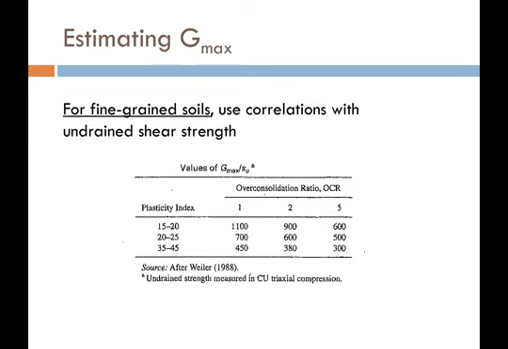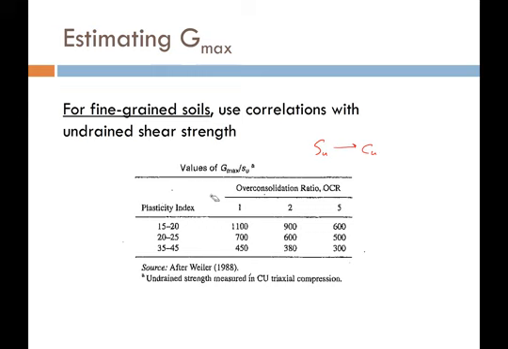Now, if you have fine-grained soils, then we're going to use correlations that are based on the undrained shear strength. That's S sub U, or sometimes it's also C sub U, depending on the terminology that you're using. These are ratios of maximum shear modulus divided by undrained shear strength, and it's a function of the OCR of the soil and the plasticity index of the soil.